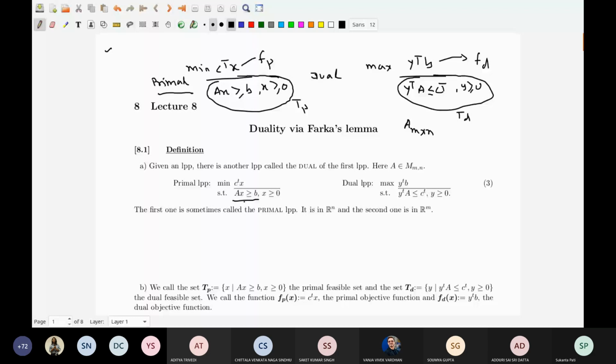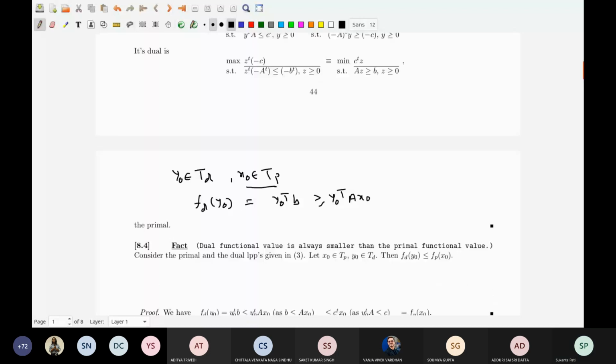Okay. And so, I am writing the wrong one. A x naught is greater than or equal to b, right? And then y transpose A is less than or equal to C transpose. So this is less than or equal to C transpose x naught, and this is equal to FP of x naught.